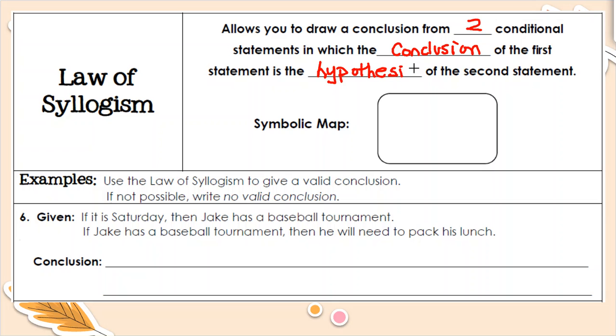Symbolically it looks a little easier. I start with an if P then Q, and then my next statement, as opposed to being a single P, is another conditional: if Q, then R. From this, we're able to draw the conclusion of therefore, remember that's what those three dots mean, if P, then R. Bonus points if you can remember what property of equality this looks like.